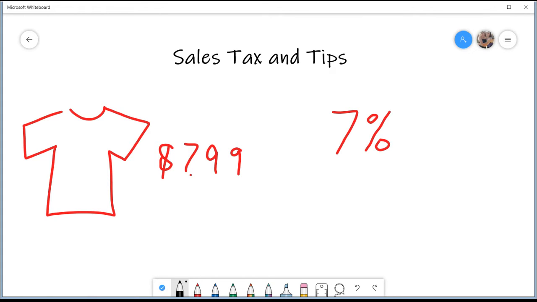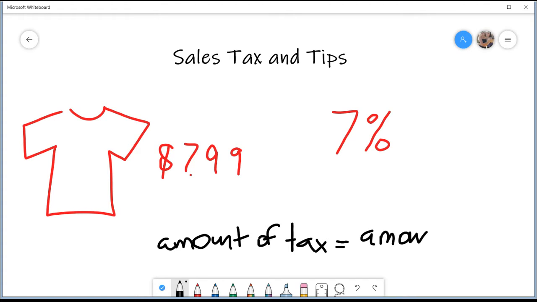We are going to have amount of tax equals amount of item times sales tax.